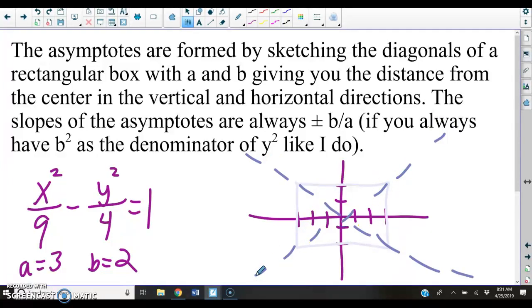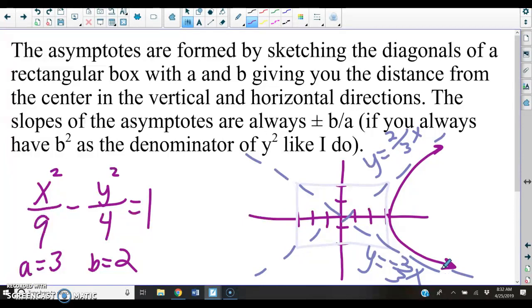So the equation of the asymptote is y equals rise 2, run 3, x. It's a diagonal line. This one is y equals negative 2/3 x. That's an important part. But the hyperbola itself starts on the edge of the rectangle and it crosses the axis that is positive, in this case the x-axis.